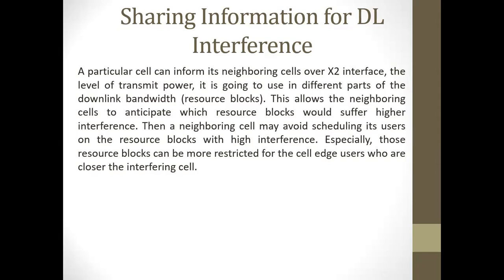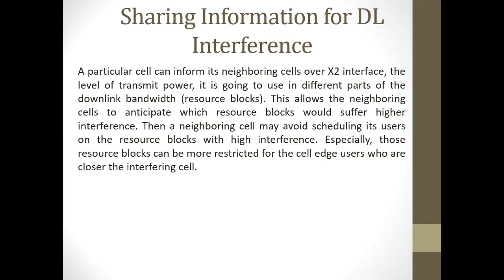If the same bandwidth is used in the neighboring cell, then about these resource blocks the neighboring cell has to be careful. You are communicating using high power, so the users in the neighboring cell will also be receiving significant power on those resource blocks.